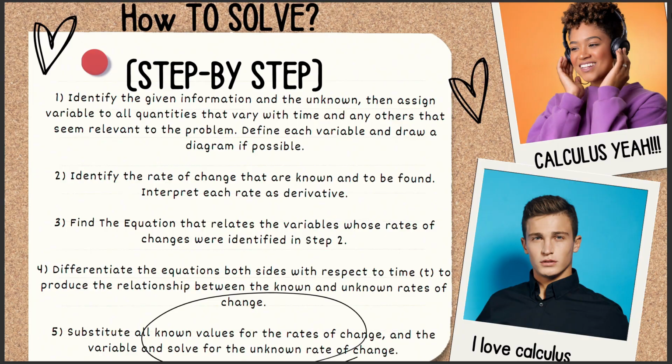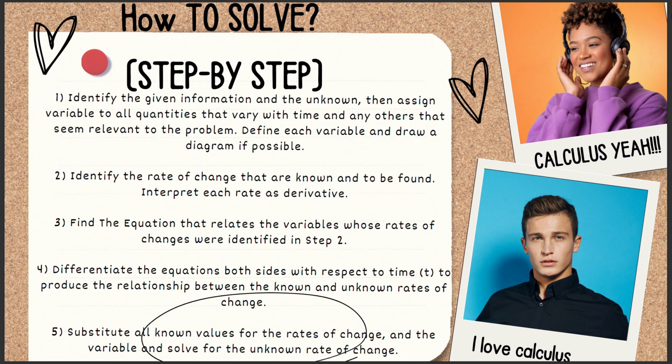How to solve? Step by step. The first one is we need to identify the given information and the unknown. Assign variables to all quantities that vary with time and any others that seem relevant to the problem. Define each variable and draw a diagram if possible.